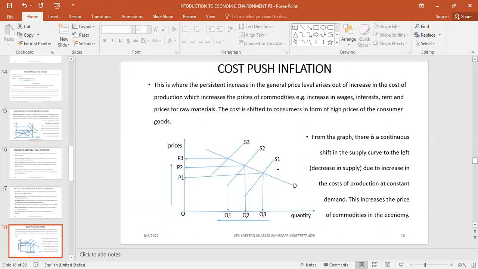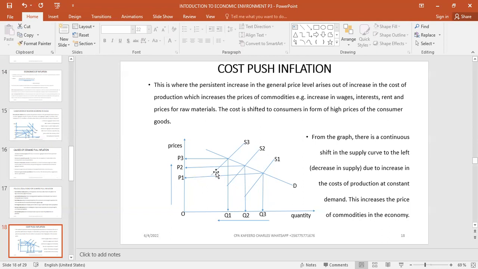Meaning, if there is a shift in the supply curve to the left, that is a decrease in supply. If the supply curve is moving to the right, then that is an increase in supply. But since it is moving to the left, we have a decrease in supply.